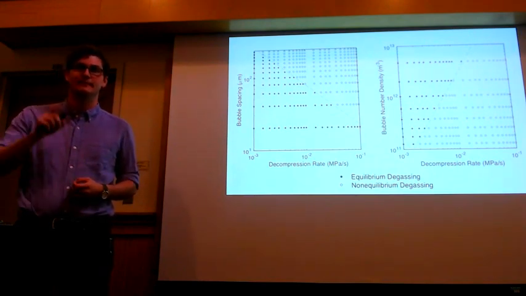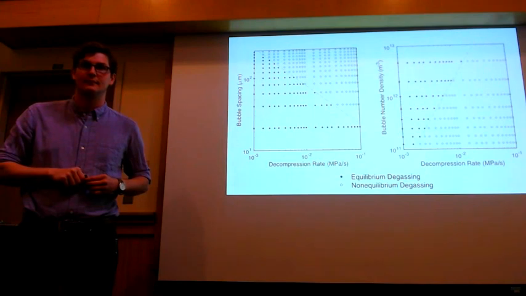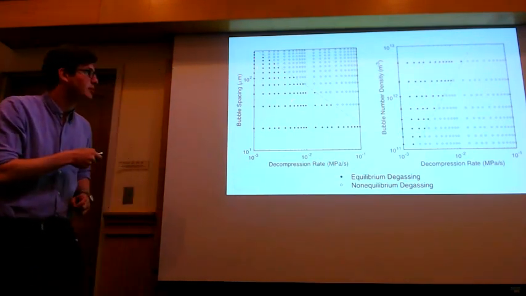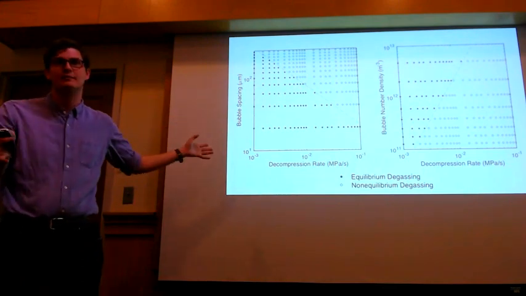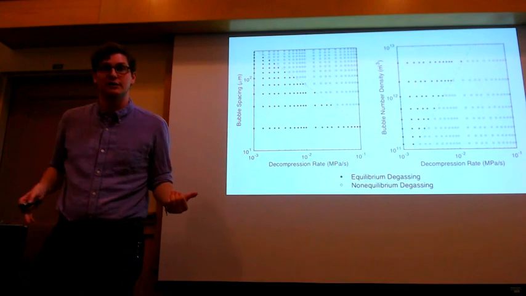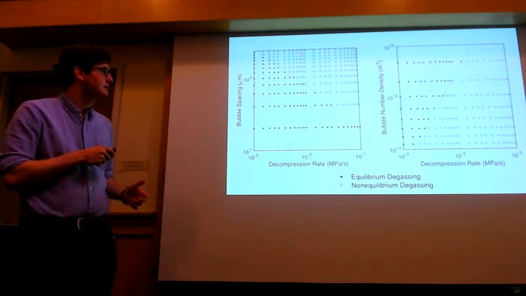So what happens in the code between equilibrium and non-equilibrium degassing? So what does that line correspond to? Is that like a dimensionless number of some sort? Right, so each of these points represents a model run. So we ran the model several hundred times. And what this line is, it's just a boundary. So we just put that in to separate non-equilibrium and equilibrium.